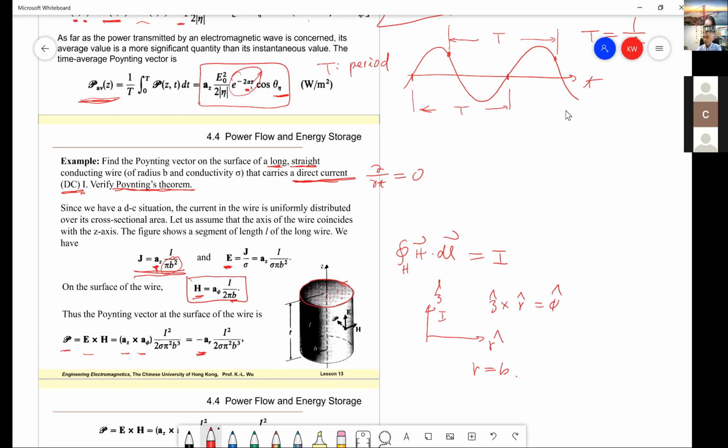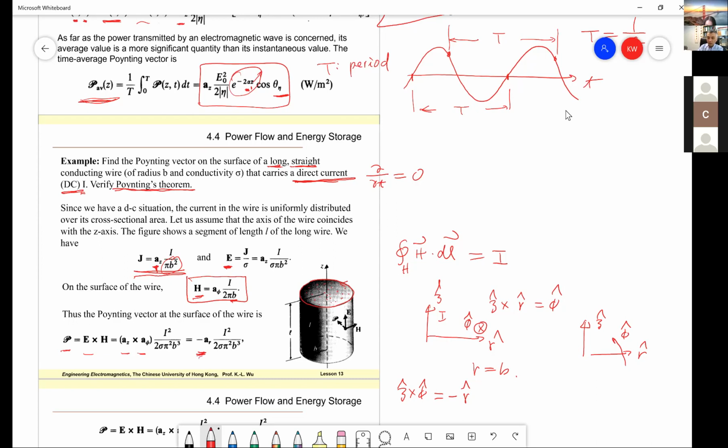The H is in the phi direction, so Z cross phi points to the minus R direction, because Z, R, phi, right?